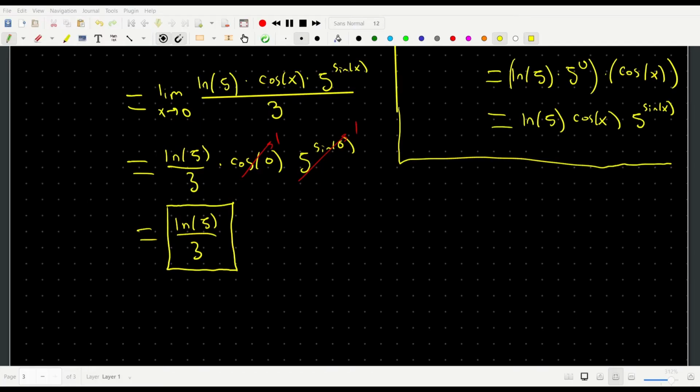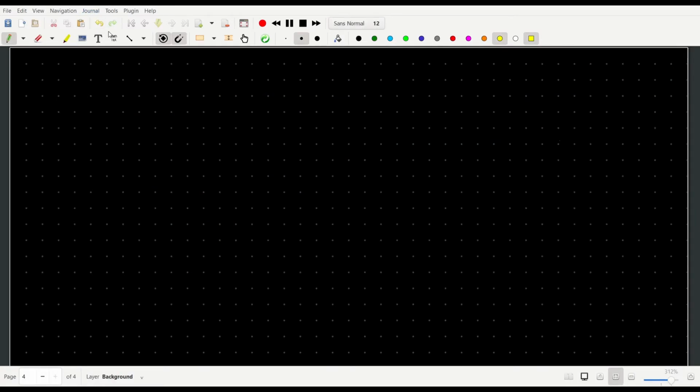For the next example, I'll show that sometimes we have to apply L'Hopital's rule multiple times to get the correct result.